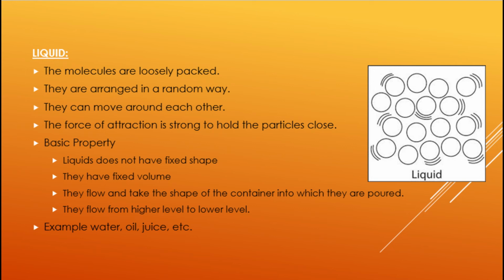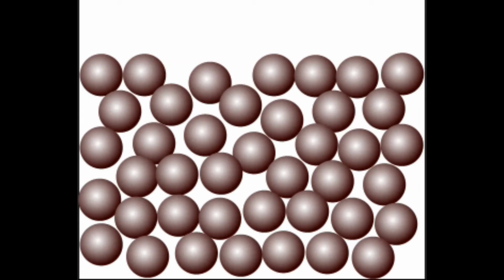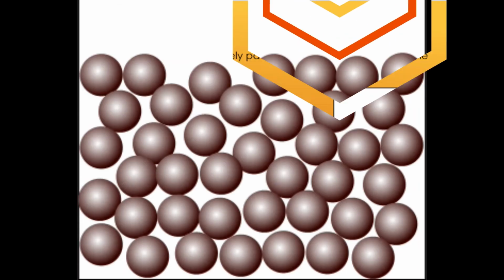The force of attraction is strong enough to hold the particles close, and the basic properties of liquid are: liquid does not have a fixed shape, it has a fixed volume, it flows and takes the shape of the container into which it is poured. They flow from a higher level to a lower level, and examples are water, oil, juice, etc.